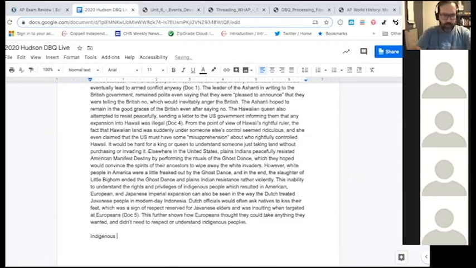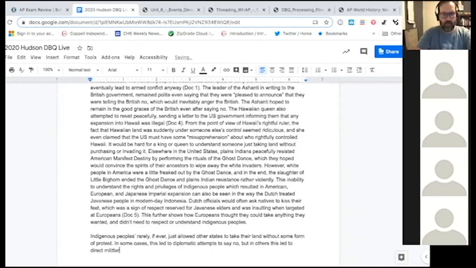Indigenous peoples rarely, if ever, just allowed other states to take their land without some form of protest. In some cases, this led to peaceful diplomatic attempts to say no, but in others, this led to direct military conflict.